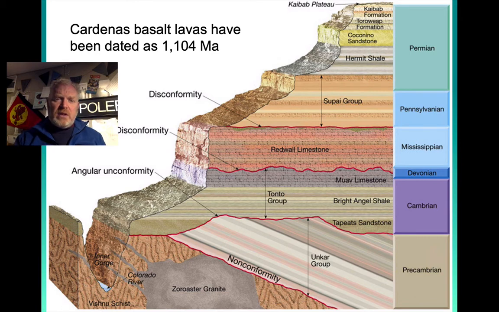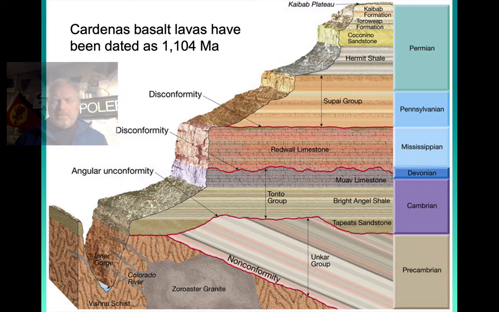The Cardenas basalt lavas have been dated there to just 1.1 billion years. That, where we can put an age on a rock, and that is something for another lesson, we can then date the rocks around it relative to that.